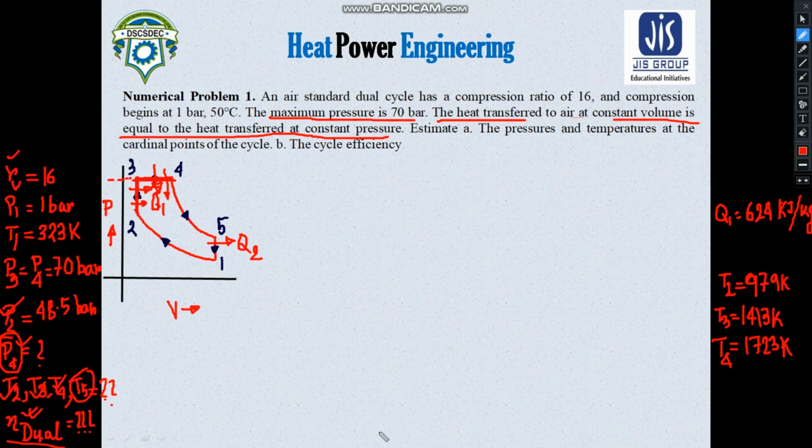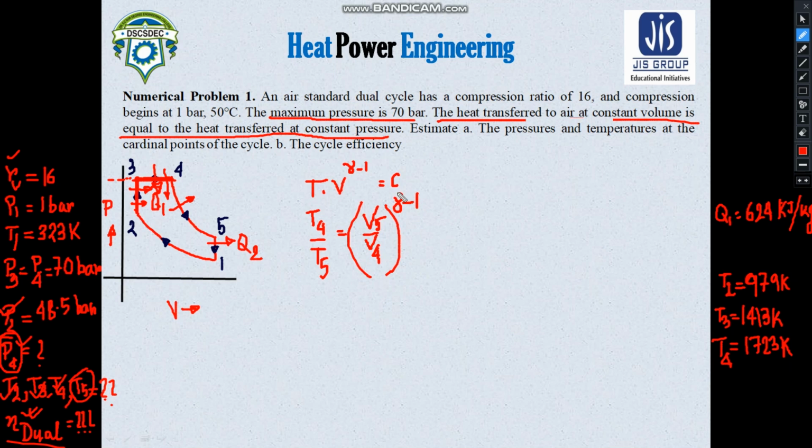How can we calculate the value of T5, right? If you concentrate on this process, it is a reversible adiabatic expansion, right? So the equation is T into V to the power gamma minus 1 equal to constant. So for this process, you can write T4 by T5 is equal to V5 by V4 to the power gamma minus 1.